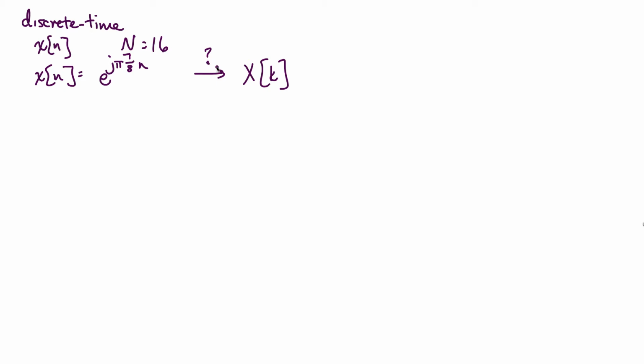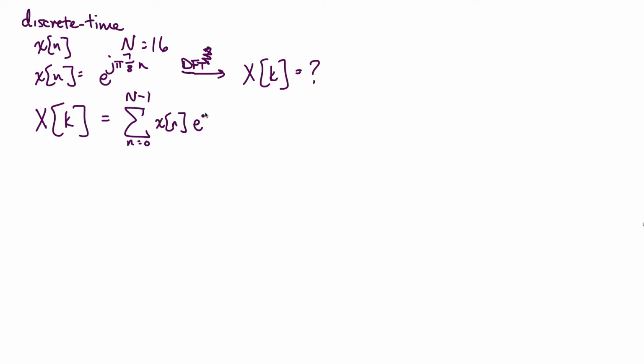Let's be more clear. We're taking the DFT with this arrow, but we don't know what it is. So we can directly apply our formula, which we did in the last office hours problem: the sum from little n equals 0 to big N minus 1 of the samples in our signal times e to the minus j 2 pi over big N, little k, little n.